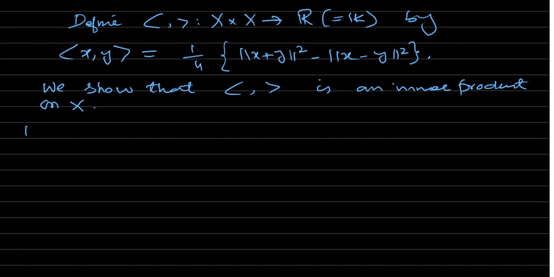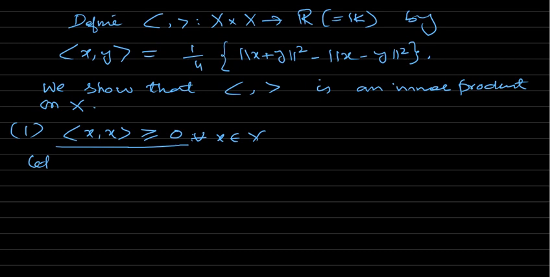So first property, what's the first property of an inner product? That inner product of x with x is always greater or equal to 0, for all x in X. ये आपको प्रूव करना है. Name it 2.